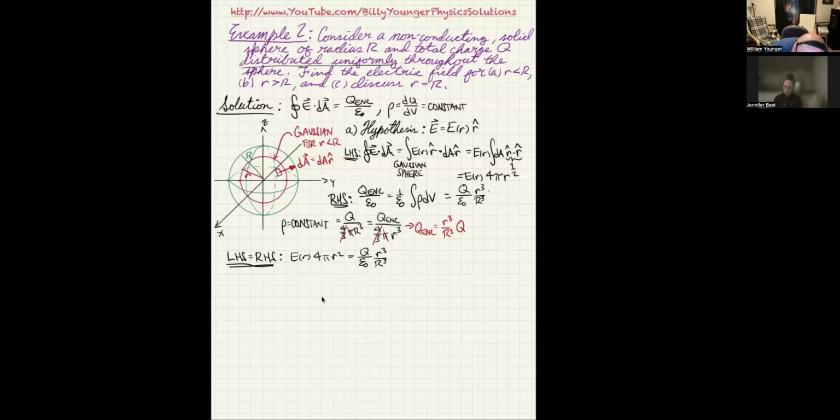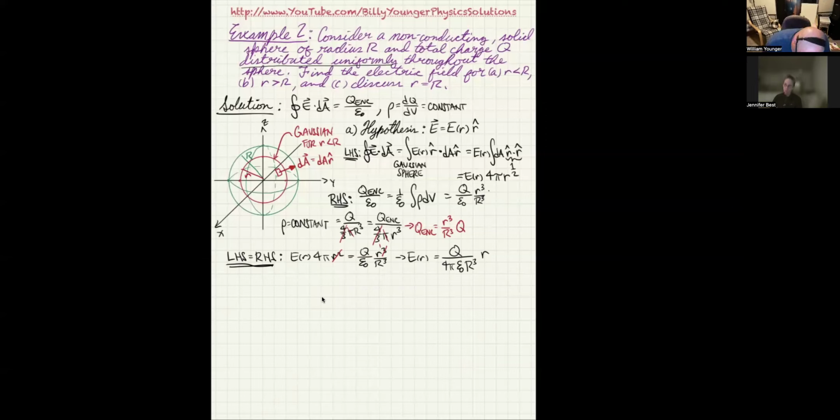Now we can see something really cool. This R cubed is going to cancel out, leaving a 1 with this r squared. So there's an r squared on the left, and there's an r squared times r on the right. So the r squareds will cancel out, and you're just left with r on the right. And now we get that the electric field magnitude E of r is equal to Q over 4 pi epsilon naught R cubed times r, like that.